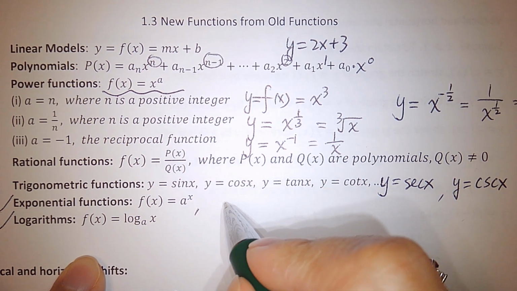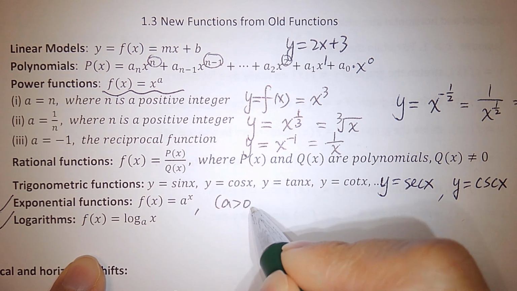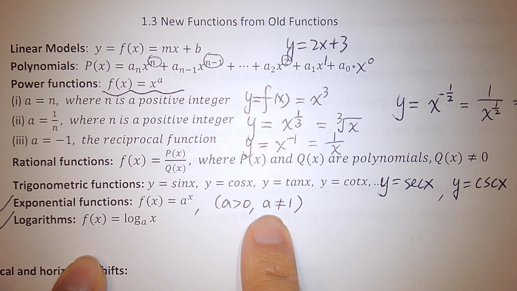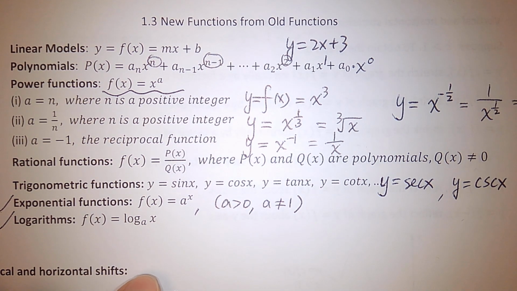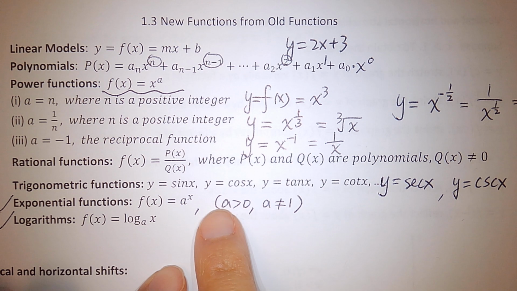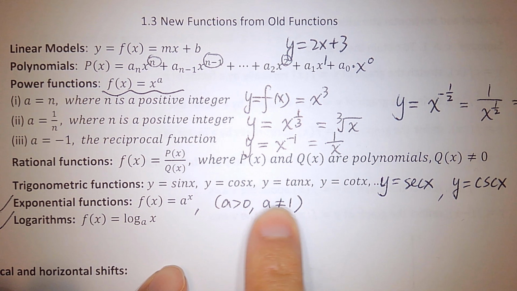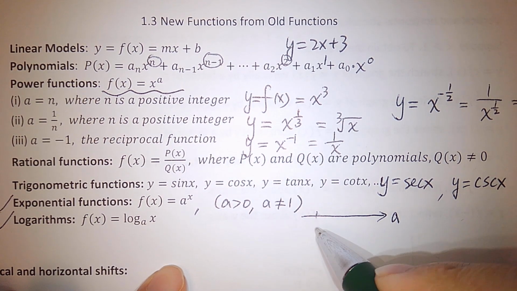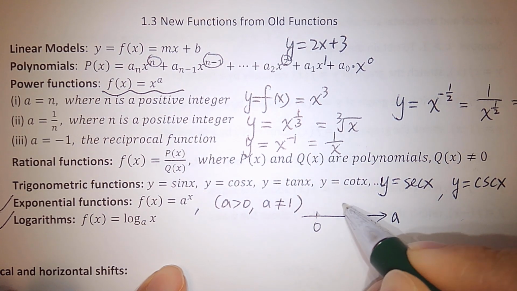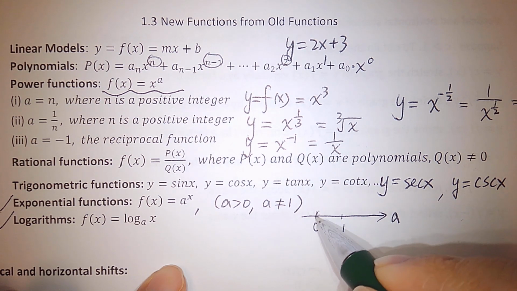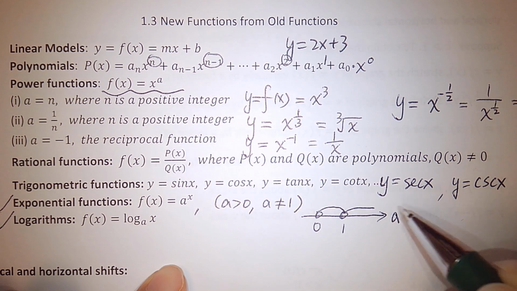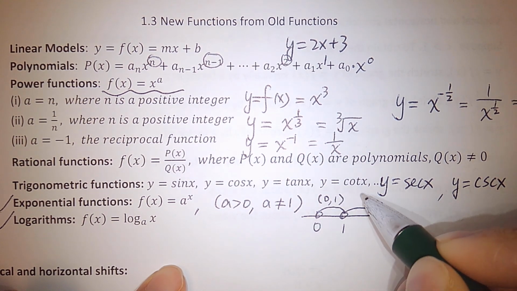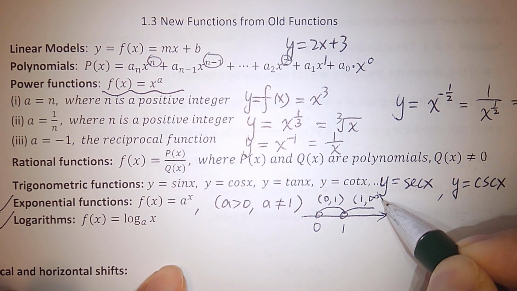And for the base a, it must be a positive real number but cannot be 1. In section 1.4, which is today's material, we'll learn that a is positive but not equal to 1. So on the real number line, if a is greater than 0 but not equal to 1, we'll have 2 intervals: one is when a is between 0 and 1, and the other is when a is between 1 and infinity.